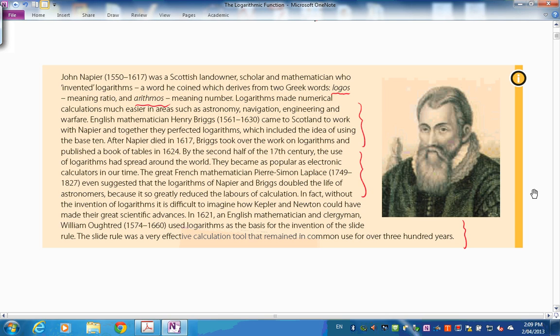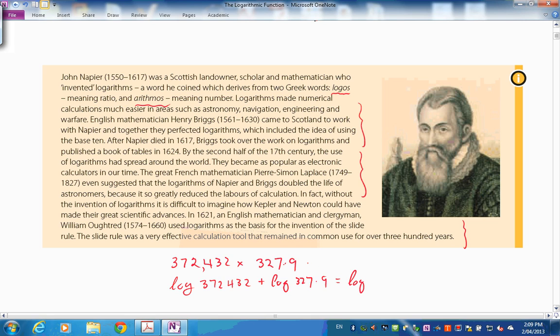Just to give you an idea there, let's say we were trying to do some very big difficult multiplications, something like 372,432 multiplied by 327.9. Can you see that if we converted them to logs, the log of 372,432 plus the log of this would give us the log of the answer, wouldn't it?